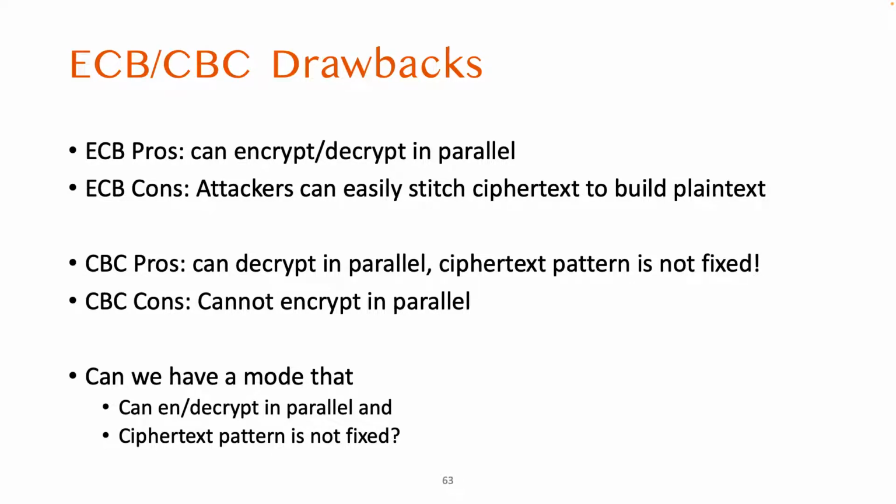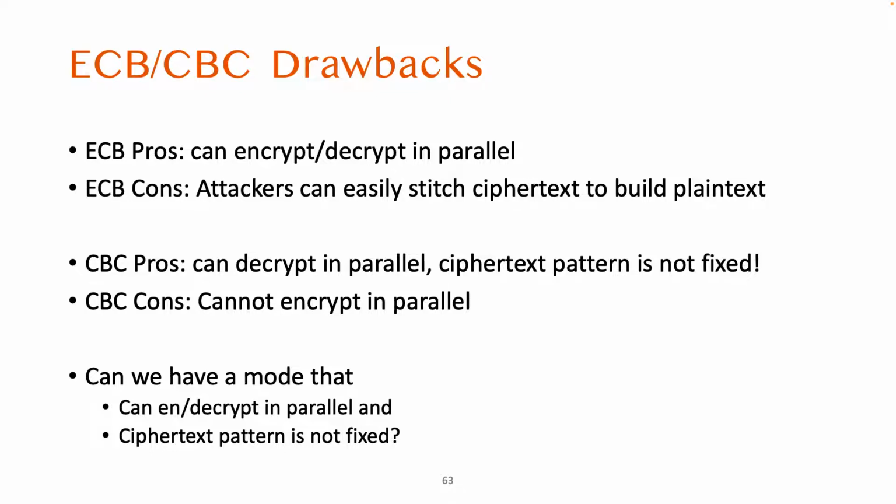So that's not good. But to counter that, CBC has come in, and the good thing is that in CBC we can decrypt in parallel. But because the encryption of the next block depends on the encryption result of the previous block, we cannot run encryption in parallel.